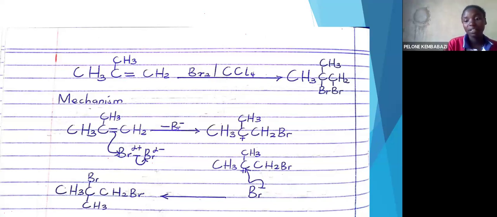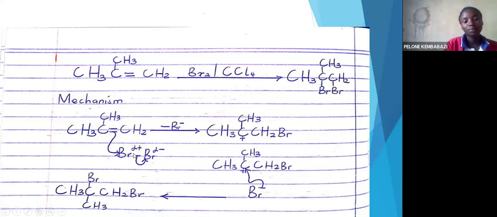And then it will attack that partially positive bromide, and the partially negative bromide, for that case to be highly electronegative, takes those bonding electrons. Then you can continue and show the examiner that you have lost that bromide, or in case you have failed to write it on top of the arrow, you can come back after the carbocation and write plus bromide ion.